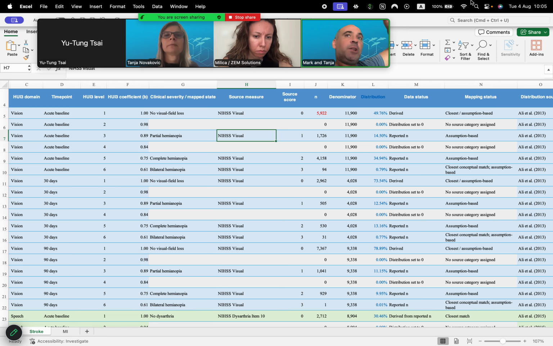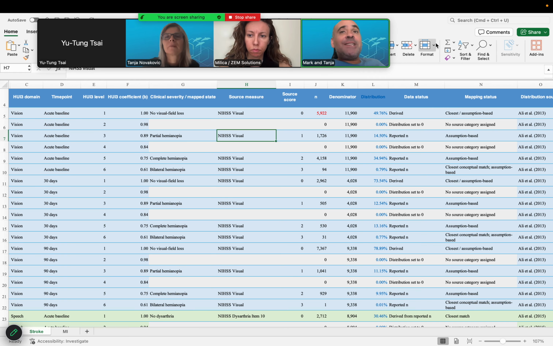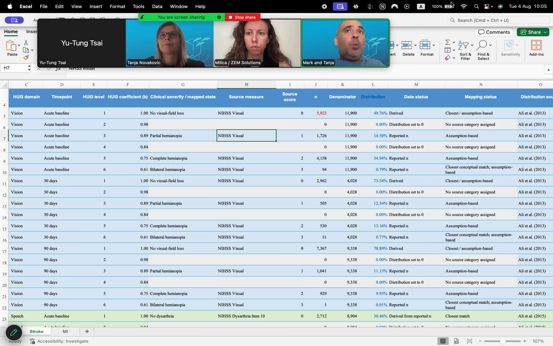The approach for that is called sensitivity analysis. You pick the ones you think are best, but you also do a scenario where you put them all in the lower and all in the higher. That gives you a range that makes sense if it was all higher utility or all lower utility.